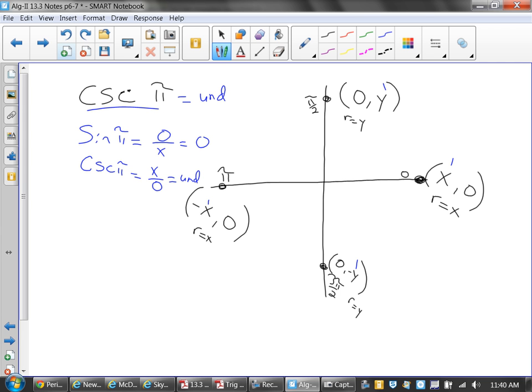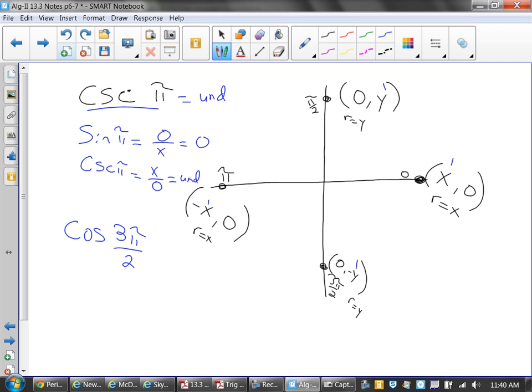What about if I say, what is the cosine of 3 pi over 2? Think about your ordered pairs again, guys.